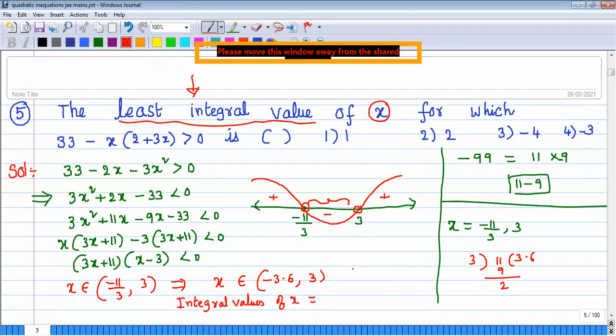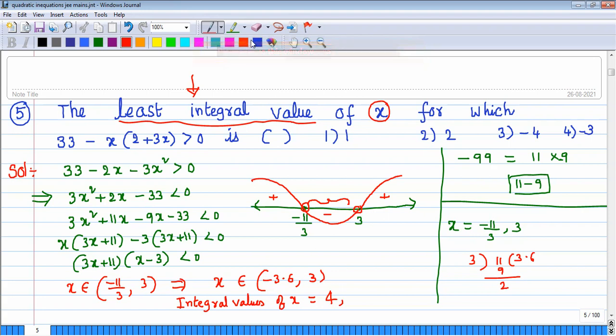So after -3.6, what are the integral values? But we need to write integral values, not decimal values. Better you take the help of the number line.